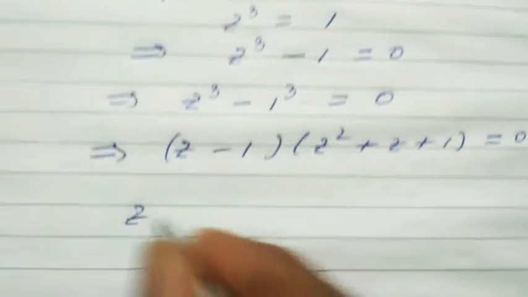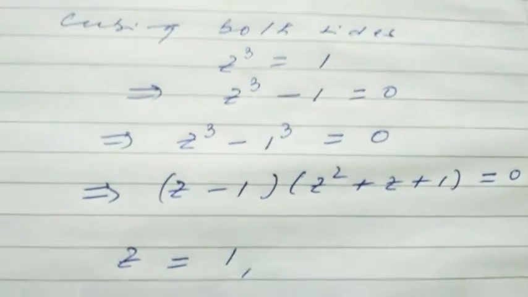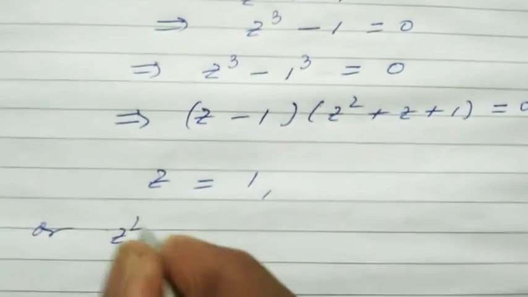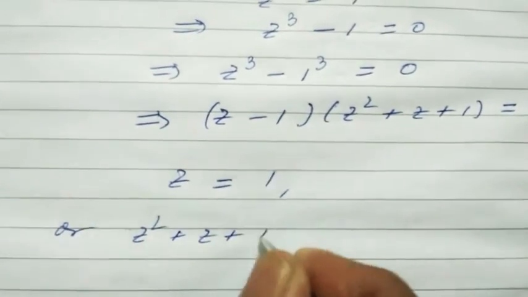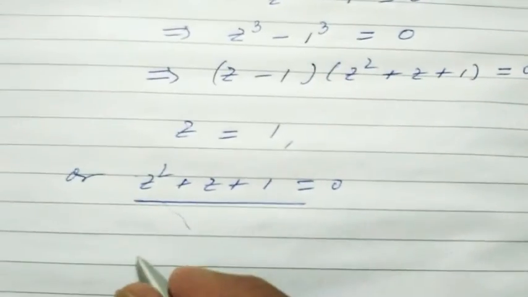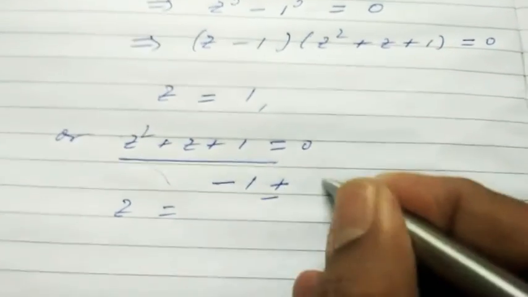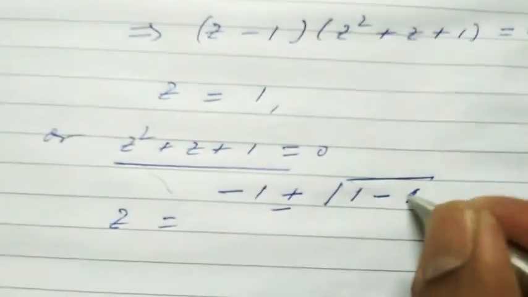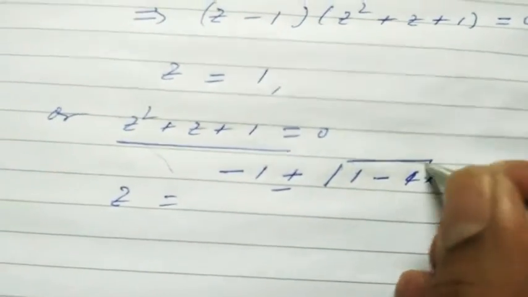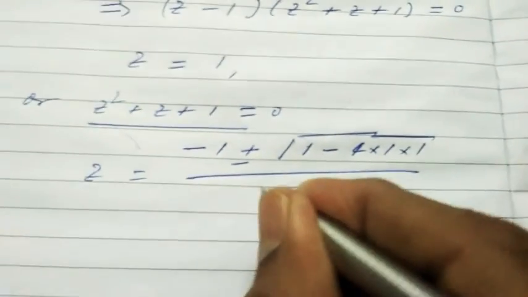From one factor we have z is equal to 1, or z square plus z plus 1 is equal to 0. When we solve this quadratic equation by the discriminant method, z will be minus 1 plus minus root under 1 minus 4 into 1 into 1, upon 2 into 1.